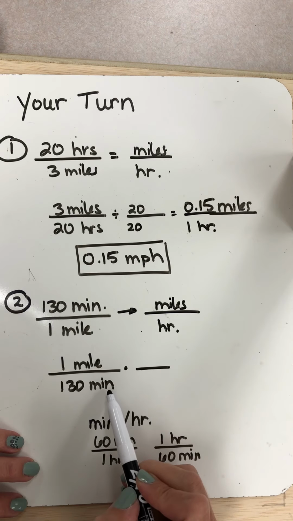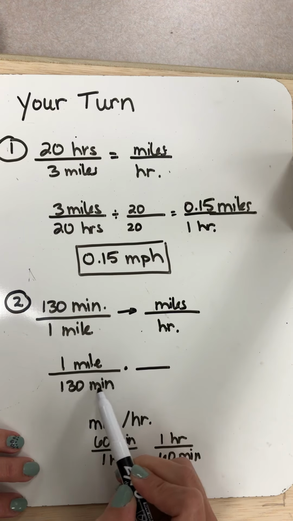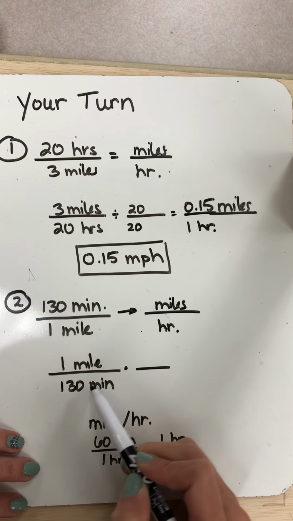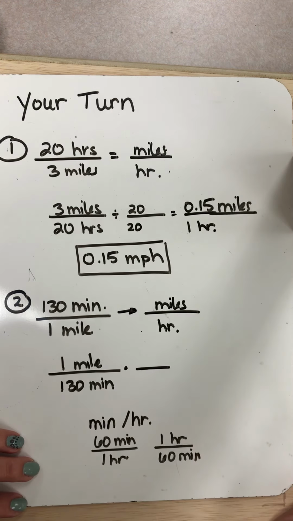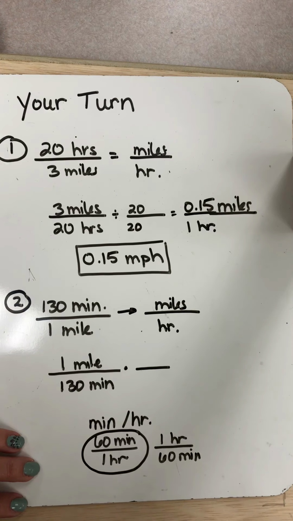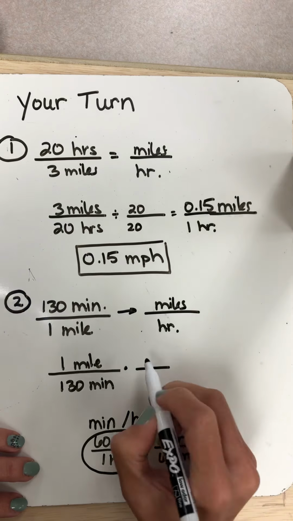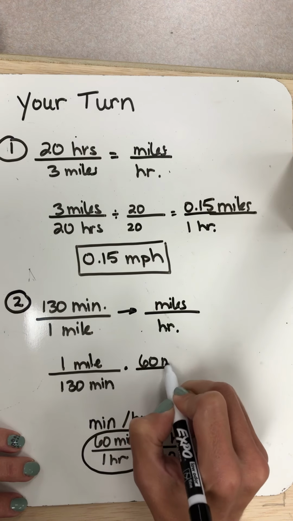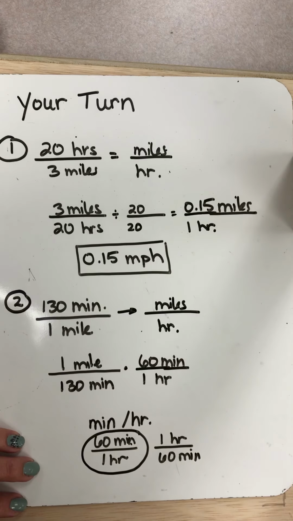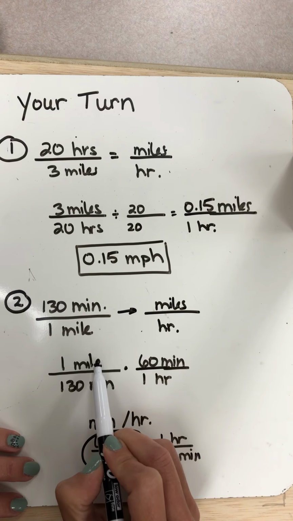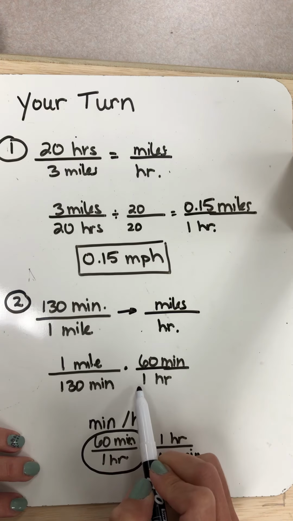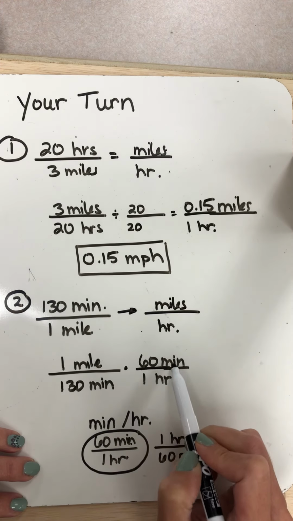In order to get rid of minutes in my denominator, I need to have minutes in my numerator because I'm going to cancel numerator and denominator. That means this is my conversion factor, because minutes is in my numerator: 60 minutes per 1 hour. All right, 1 mile in 130 minutes, I'm multiplying by my conversion factor of 60 minutes per 1 hour.